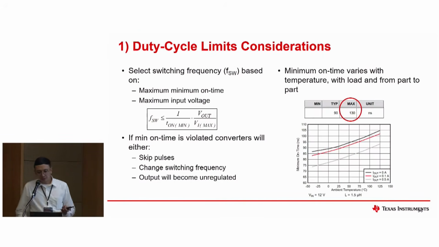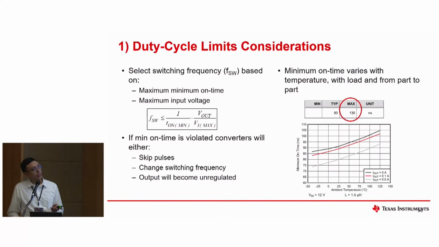This is one thing you should consider, mostly in duty cycle considerations. When you design a buck converter, you need to make sure that the switching frequency you use can meet the minimum on time of the device. For this specific part, the minimum on time is a spec in the datasheet, typically 90 nanoseconds, but it can reach up to 130 nanoseconds.